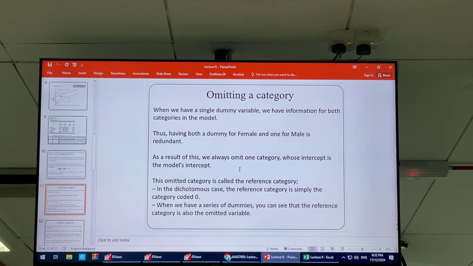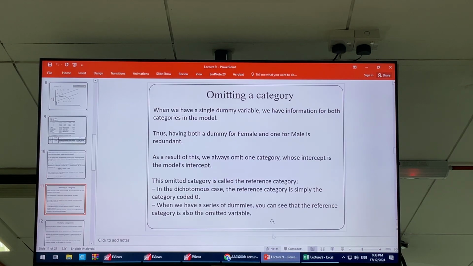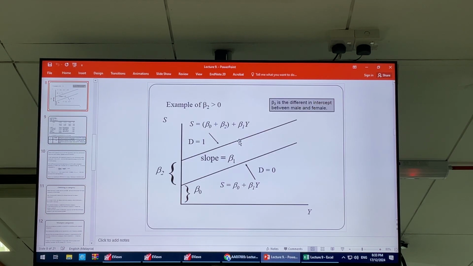So as a result, we omit one category, whose intercept is the model's intercept. Meaning that in the example we gave just now, when we estimate the model we exclude male, and only include the variable for female. So male is our reference category.